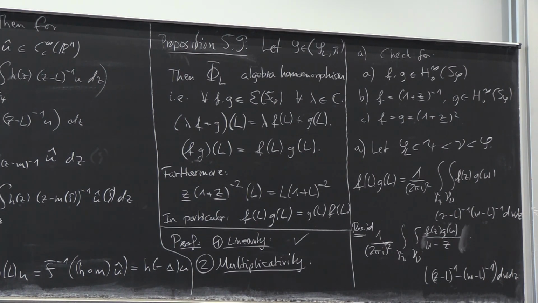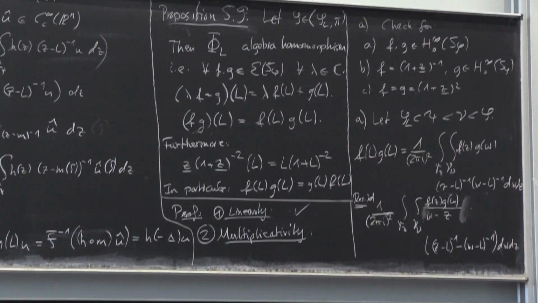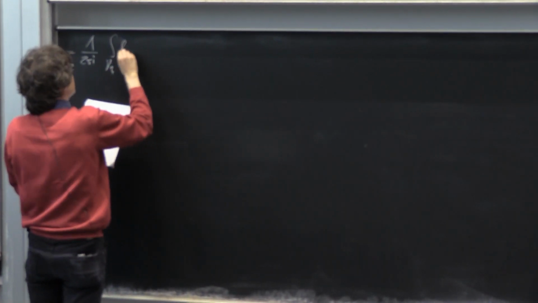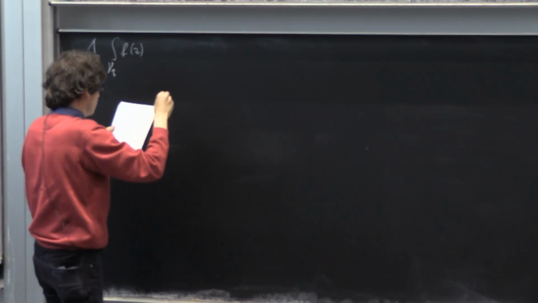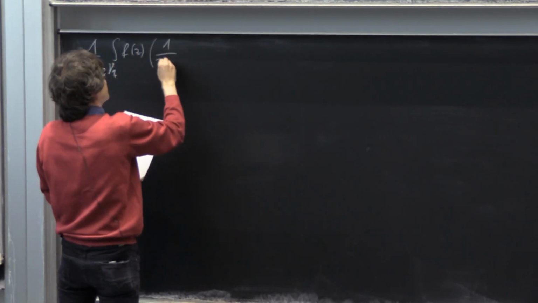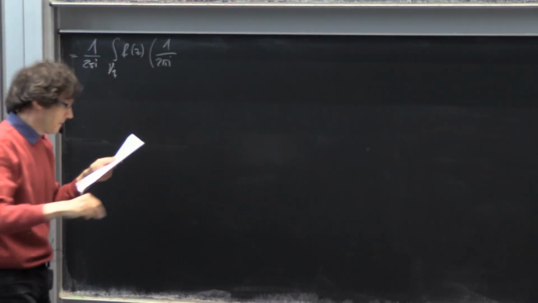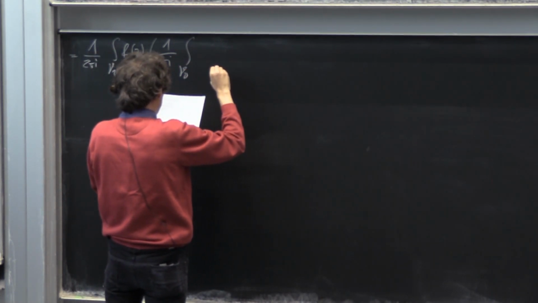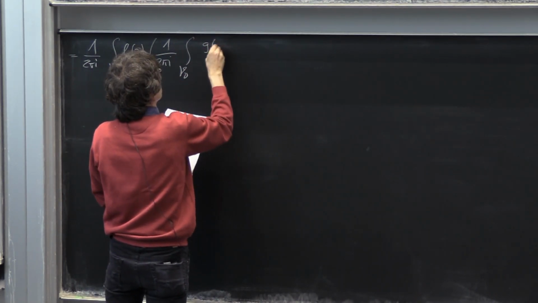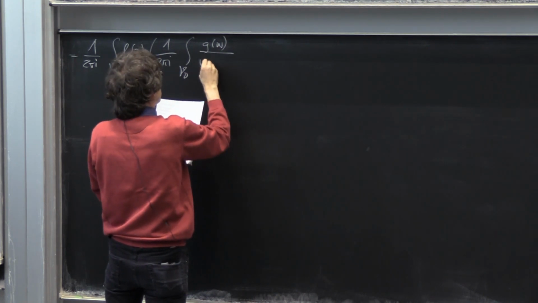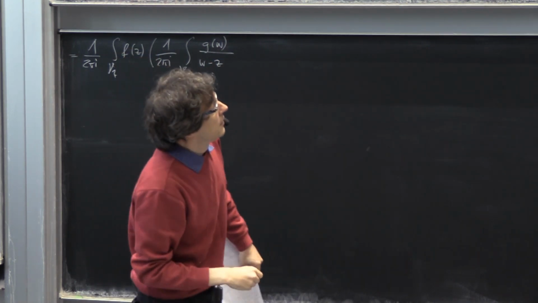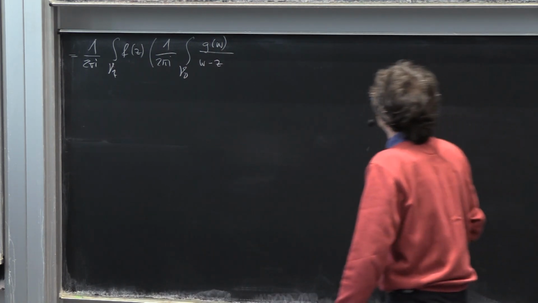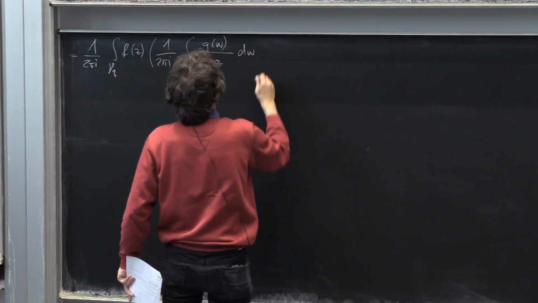And that gives you a 1 over 2 pi i integral gamma psi. Then there is the f of z, which has nothing to do with w. Okay, I put the second 1 over 2 pi i here. Then you have the integral gamma nu. The f of z is already here, but you have the g of w divided by w minus z. And then there is the (z minus L) to the minus 1, but this also does not depend on w, so the w integral is finished here.